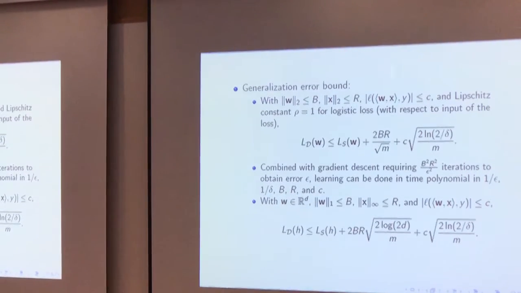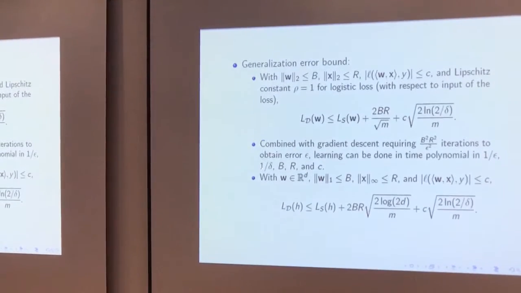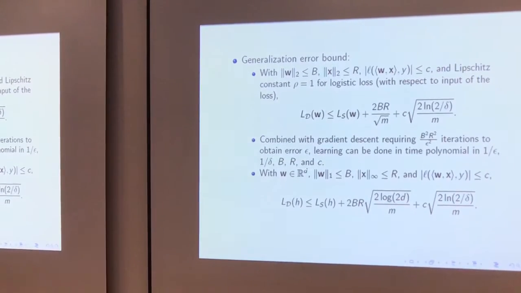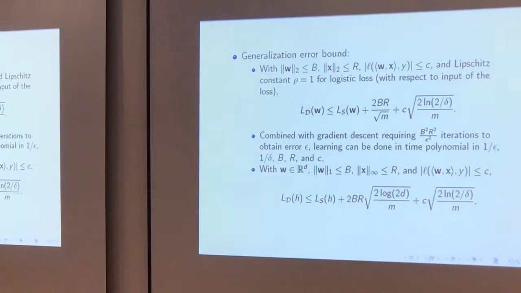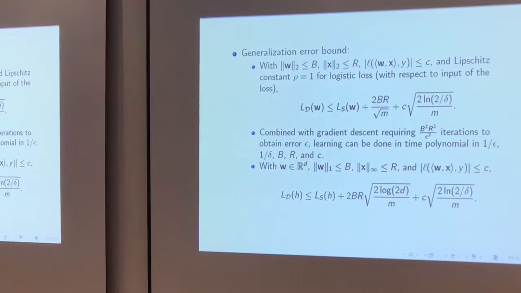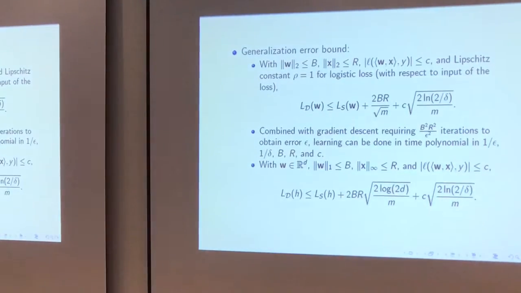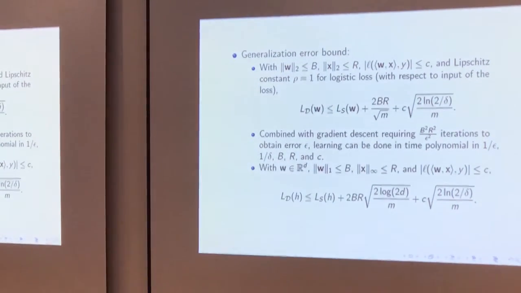The runtime is more or less proportional to m. So everything's going to be polynomial with all these things. So that is an example of being able to do the whole thing in polynomial time, to get to a certain expected error with high probability.